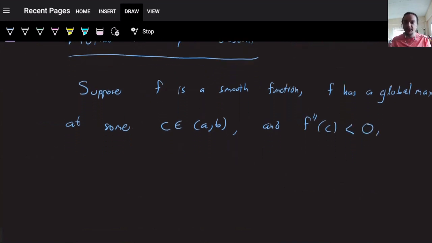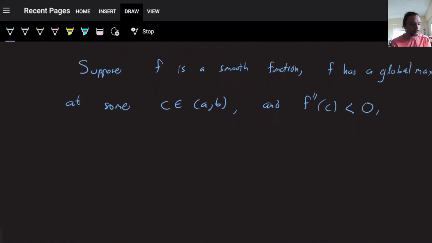Okay, so this is what you expect for a local max. Or rather, the function is concave down, that the first derivative is decreasing.